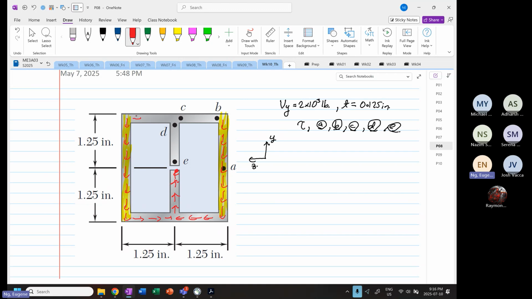This is our terminal. This is our terminal. So we have terminal 1, we have terminal 2.